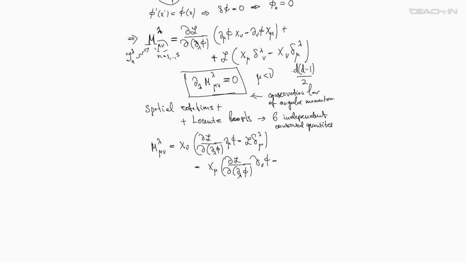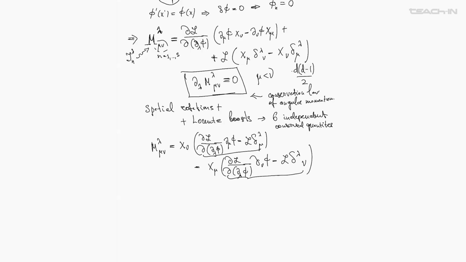I just regroup the terms, split into two groups, and then if you compare what is written down in the brackets here and here, you realize actually that what you see is nothing but the stress-energy tensor for the scalar field.